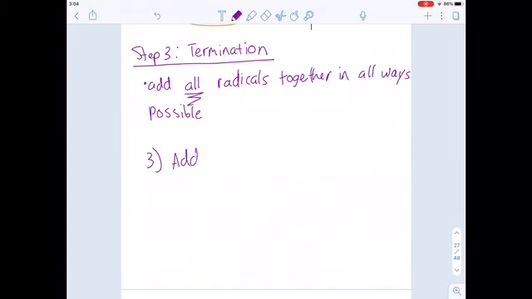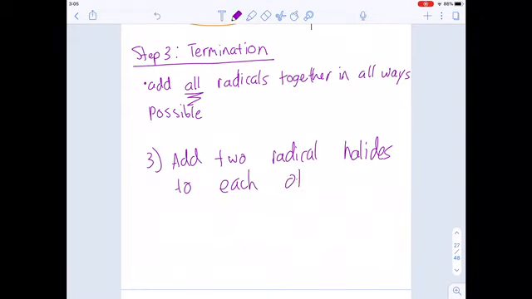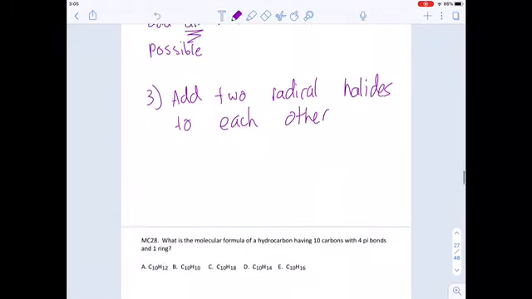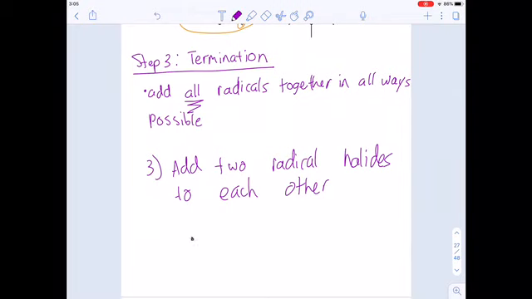So the next way you can add them together is adding two radical halides to each other. So, for example, you generate multiple radical Brs in your reaction.